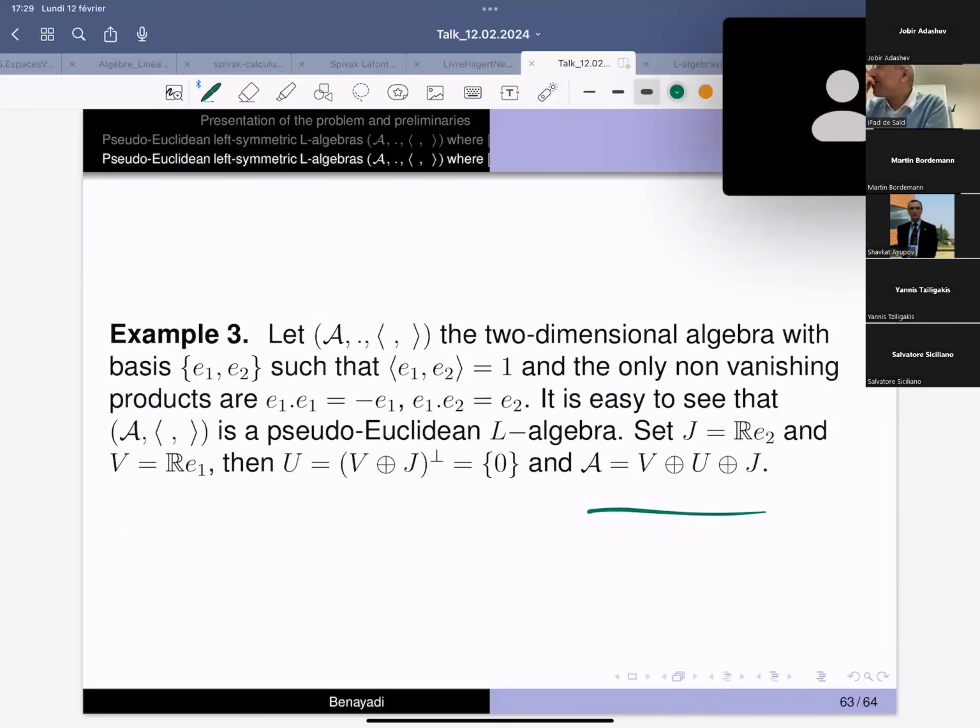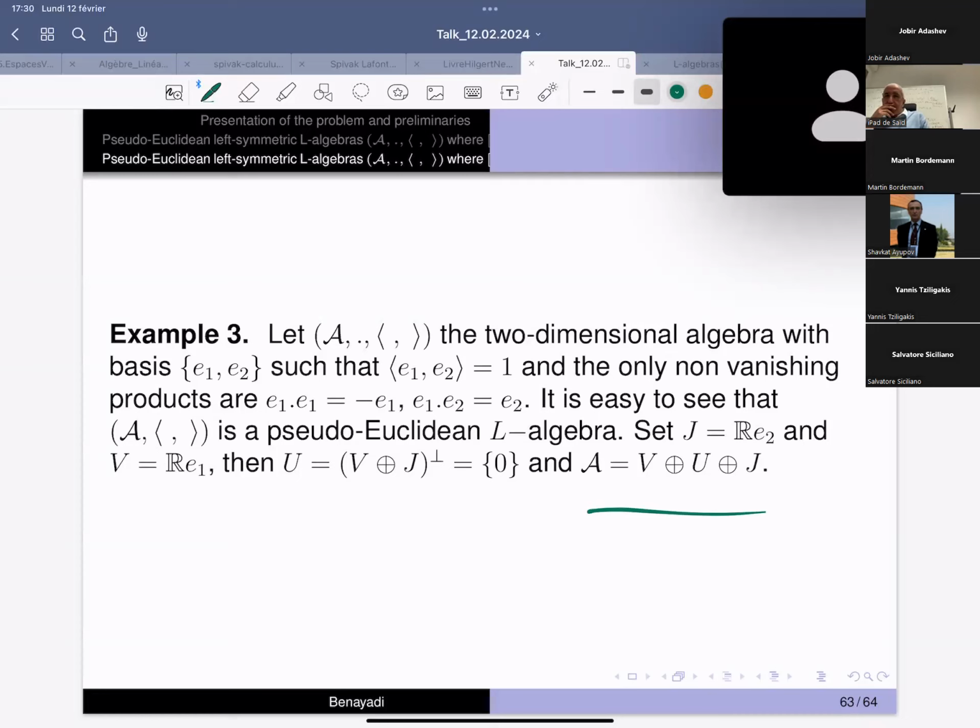I think it's difficult because I prove here that all of these algebras are two-step solvable. In the case of definite, the Lie algebra is not nilpotent. It's two-step solvable. It is very difficult to classify solvable ones.